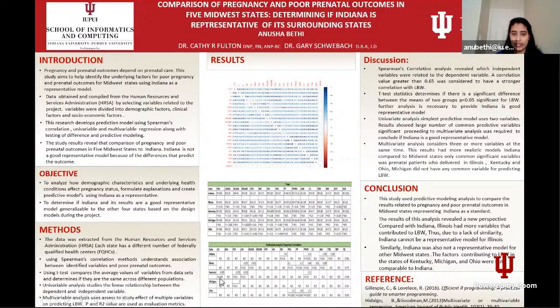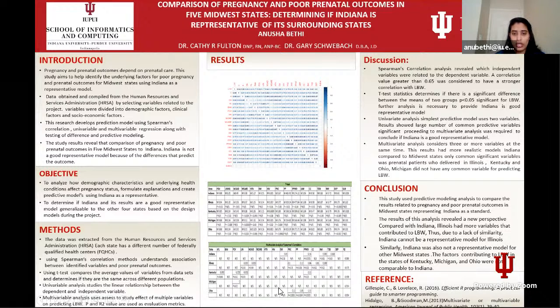Coming to Kentucky, Hispanic, poverty, and uninsured population, along with prenatal patients who delivered, showed positive correlations for low birth weight. In Michigan, only poverty had significance for low birth weight.